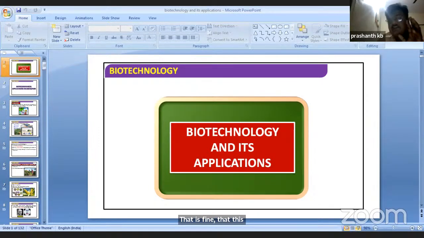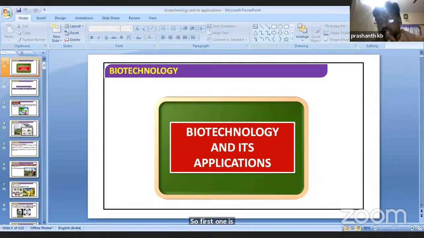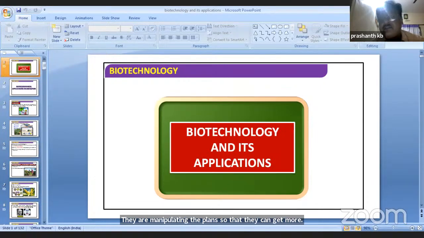So the first one is agrochemical based agriculture. What is the meaning of agrochemical based? In pulp industries or fruit juice industries, they are manipulating the plants so that they can get more yield. That is the meaning of agrochemical based industries.